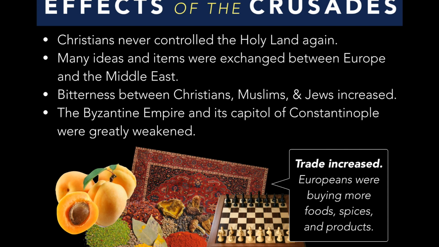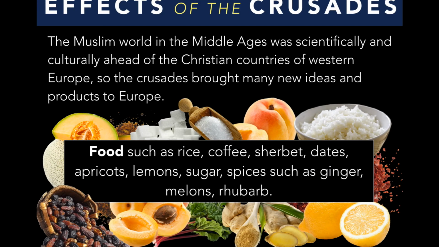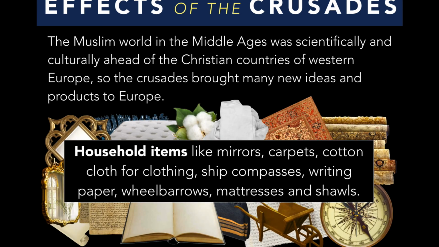So, for example, through these trades, we see things like coffee, sherbet, dates, lemons, sugar, ginger, all these major food items cross borders, which weren't being traded before. In the same manner, we also see major trade in household items like mirrors, carpets, ship compasses. All these things are traded throughout this time period when the Crusades took place.